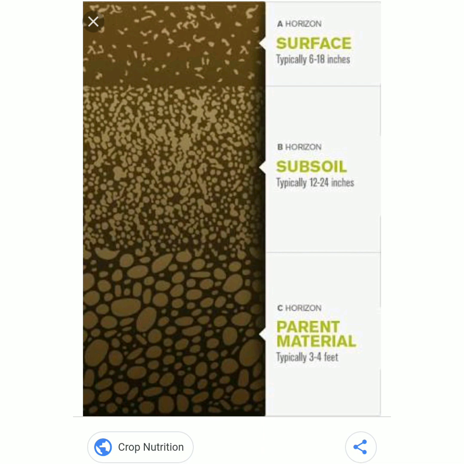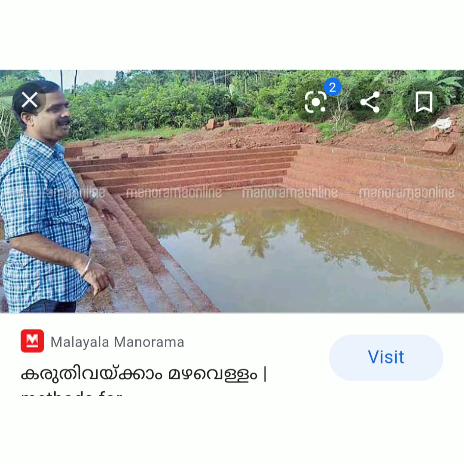Rain pits are a solution for this problem. By making rain pits, water reaches deep in soil and enriches the groundwater there. In our state, the Mahatma Gandhi National Rural Employment Guarantee Scheme carried out these types of water conservation methods.